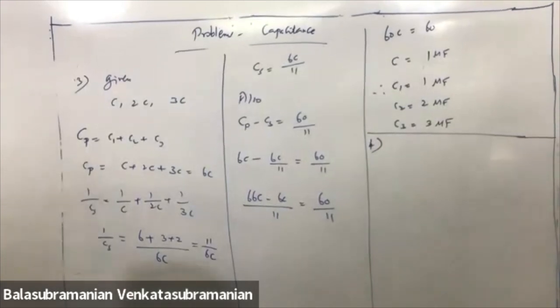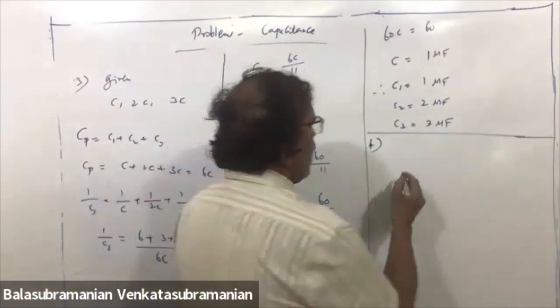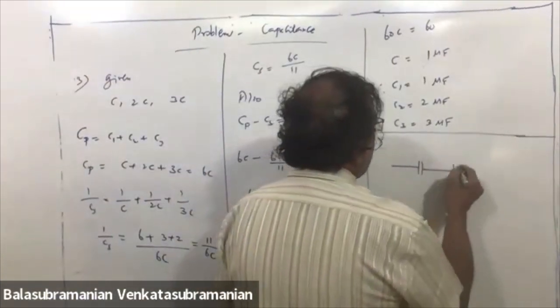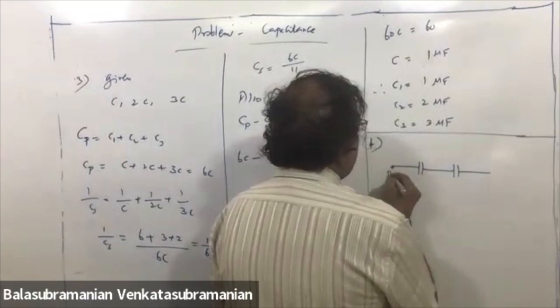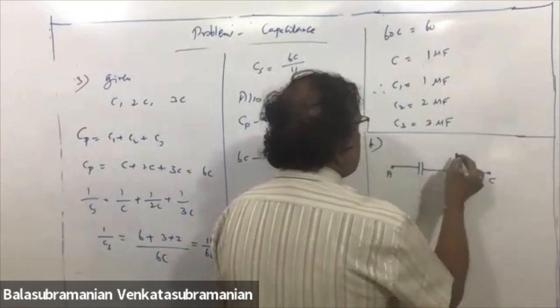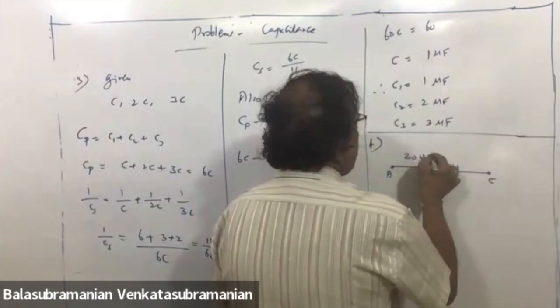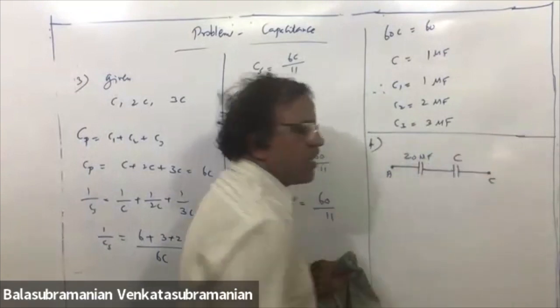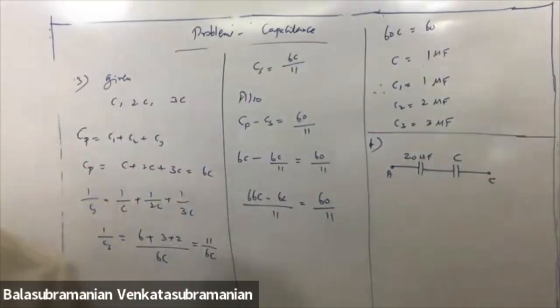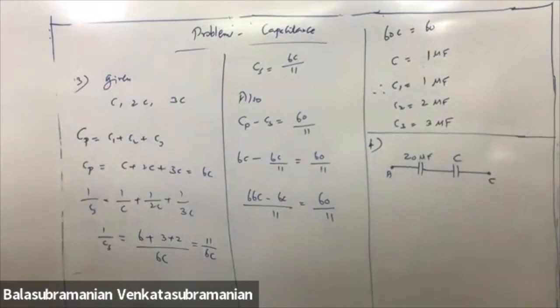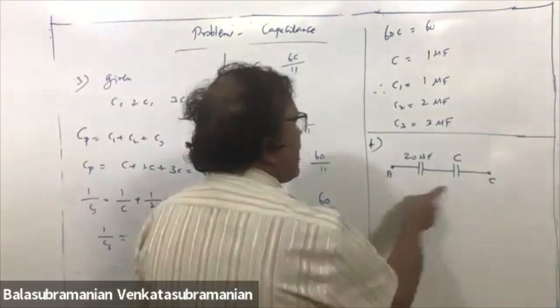Question: you have one capacitor, another capacitor connected between A and C. This is 20 microfarad. This is C, given. You have to calculate the capacitance C. These two are connected in series.